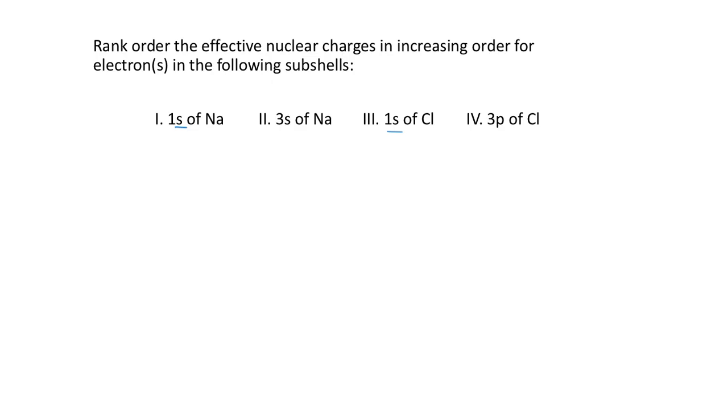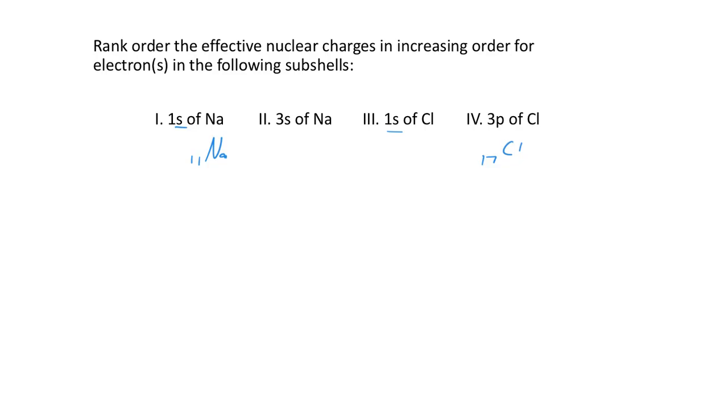So then if we're comparing, sodium is element number 11, chlorine's element number 17. Chlorine has 17 protons, so the 1s of chlorine is sitting right on top of a much more highly positive nucleus. So that 1s of chlorine is going to get a lot closer to the nucleus due to that 17 plus charge, and it's experiencing that greater charge.